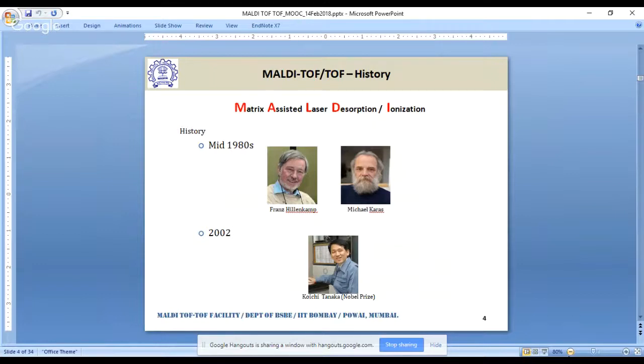They were basically chemists who developed this soft ionization technique for the study of a few chemical compounds, which they did not want to completely break down with the help of other ionization techniques that were prevalent at that time. But it took a long time for this technique to be used for biological samples. And it was Koichi Tanaka who got a Nobel Prize for showing that this particular technique could be used for biological samples in the year 2002.